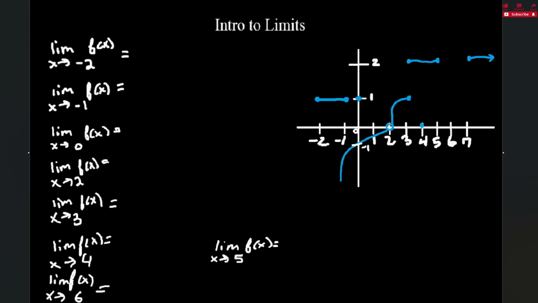So here are some practice problems in relation to this graph over here. Over here you can see the limit of f of x. This is the graph, this whole function. The limit of f of x as x approaches -2.